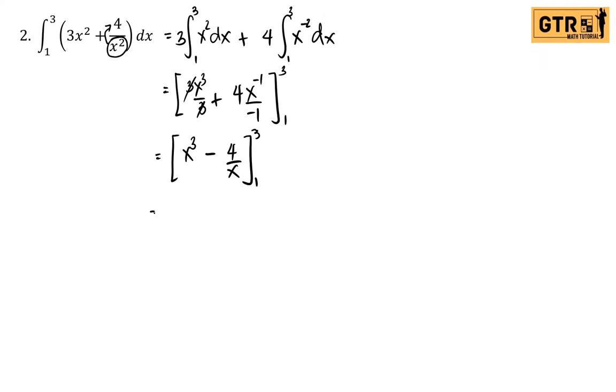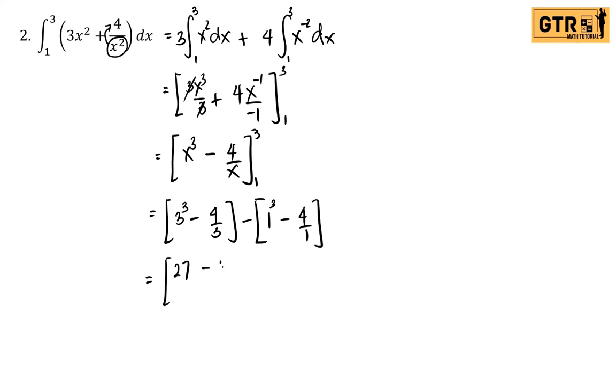Now substitute the limits. Substitute 3, so we have 3 cubed minus 4 over 3, and then substitute the 1 for every x, so we have 1 cubed minus 4 times 1. Simplify: 3 cubed is 27, minus 4 over 3, and then minus 1 cubed which is 1, and then this is minus 4.